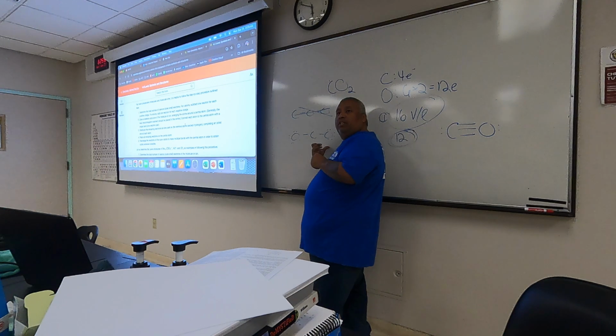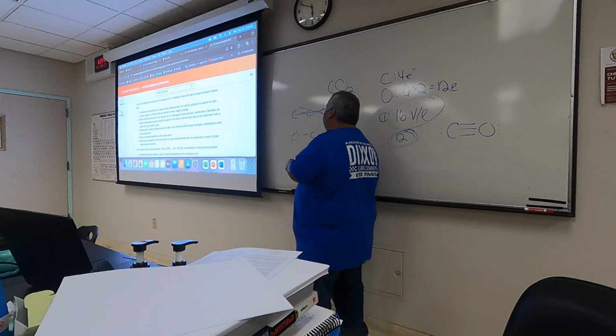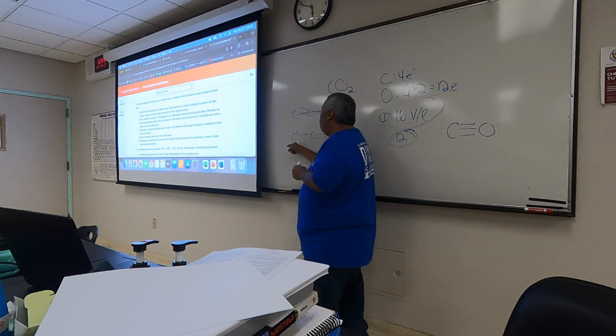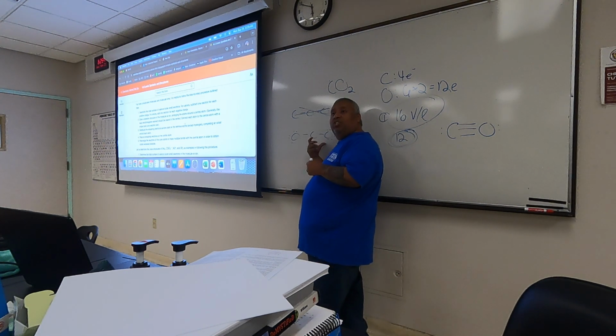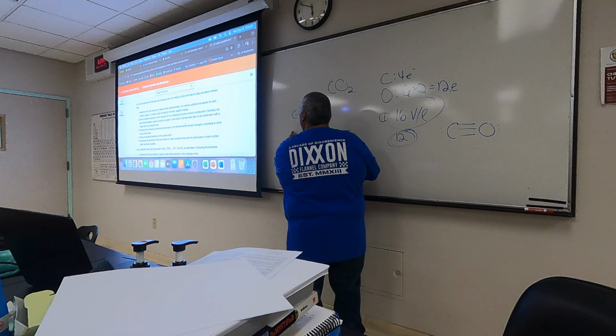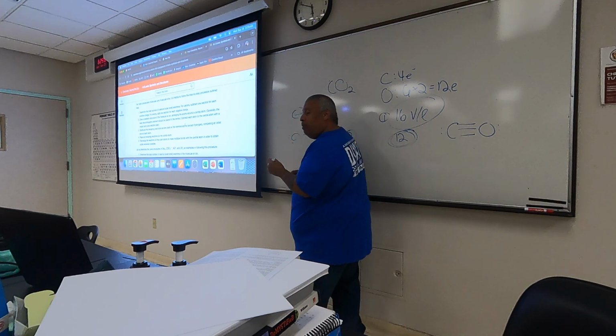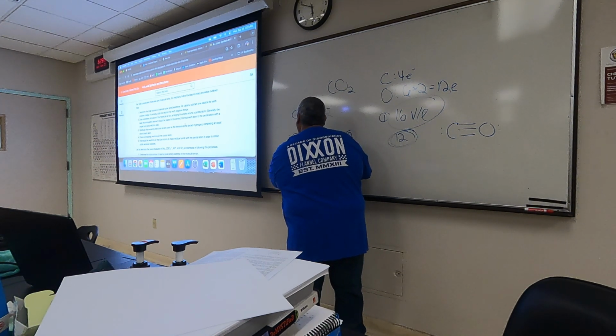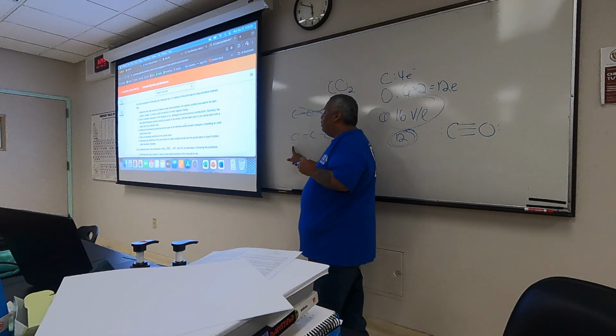Has oxygen filled its octet? Has carbon filled its octet? No. So this is where we start bringing in, we know that oxygen has to share some of those electrons. So if we take these 2 electrons here and we share them, does oxygen still have its 8 valence electrons? Yeah, it's 2, 4, 6, 8.